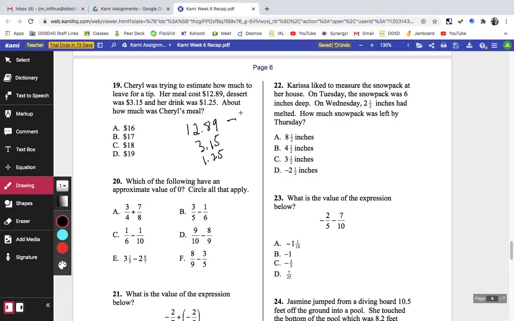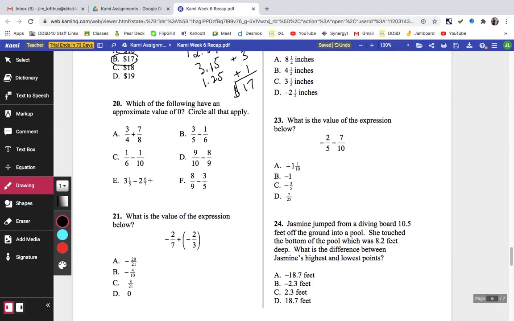So I could say that's 13, that's 3, and 1. So we could say we can go around $17 and maybe a little bit more because I rounded down. You could put 17, or you could have said really 16, 17, or 18 would be fine with that. 19 would be a little bit off.